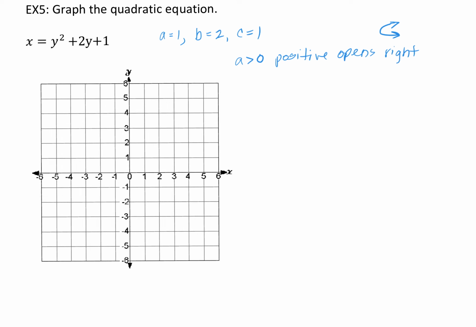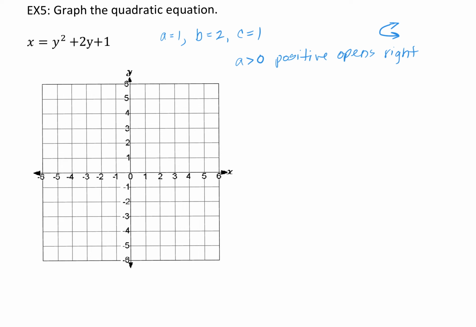The next thing that we always find when we're graphing is our vertex, because that tells us where to start. So that's going to give me my starting point, and then I'm going to draw a parabola opening to the right. But this time, instead of using x equal to negative b over 2a, you're using y equal to negative b over 2a.